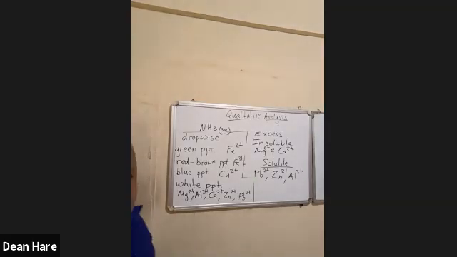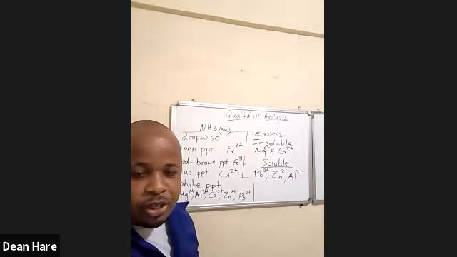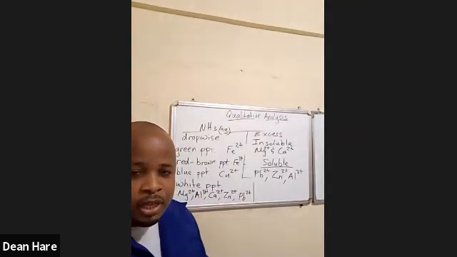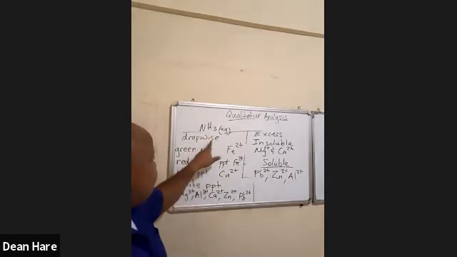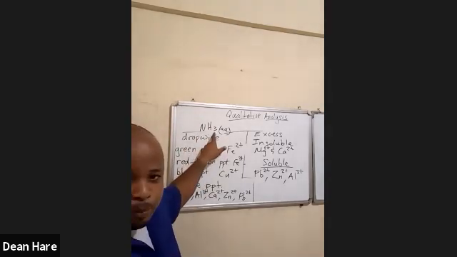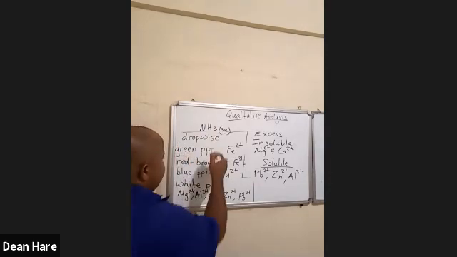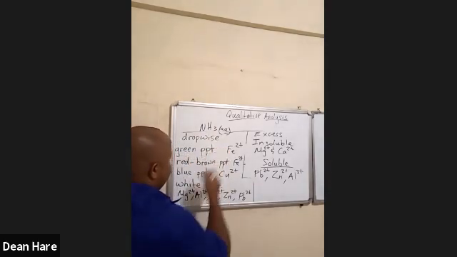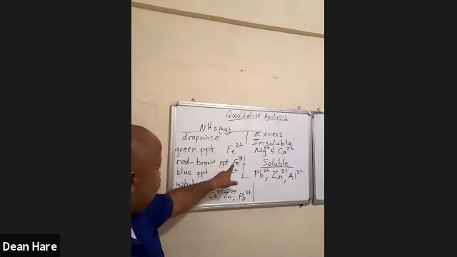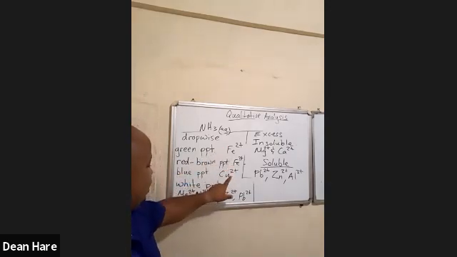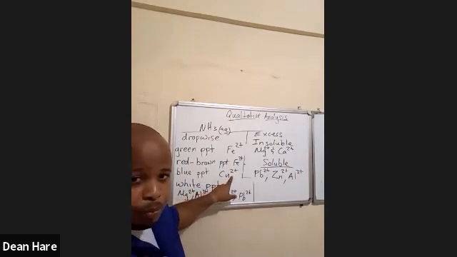Right, so just like how we add the sodium hydroxide dropwise and then in excess, we're going to do the same thing for the ammonia. Now, when you add the aqueous ammonia, the observations for Fe2+, Fe3+, and Cu2+ are going to be the same.